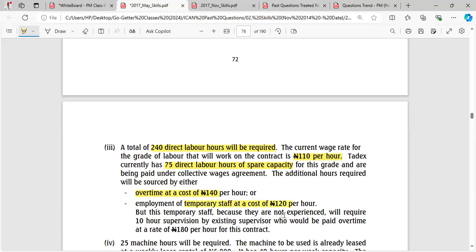Temporary staff, because they are not experienced, will require 10 hours of supervision, who will be paid an overtime at the rate of 180 per hour. Now, let us see which one of them is going to be cheaper.